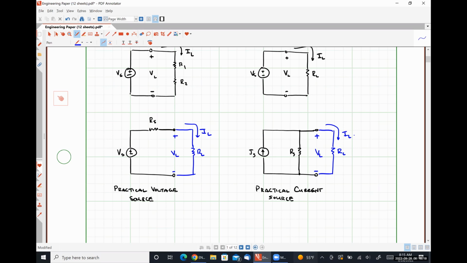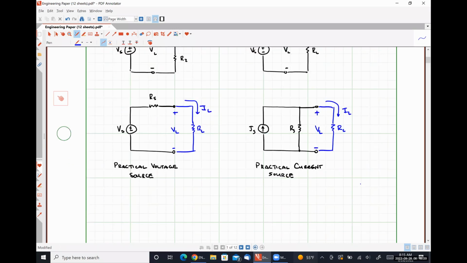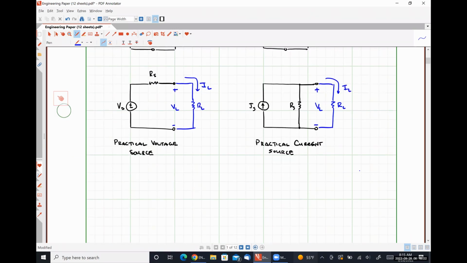So for our practical voltage source representation of our circuit here on the left-hand side, what is our current IL equal to? VL over RL, definitely, but let's put it in terms of VS, RS, and RL.